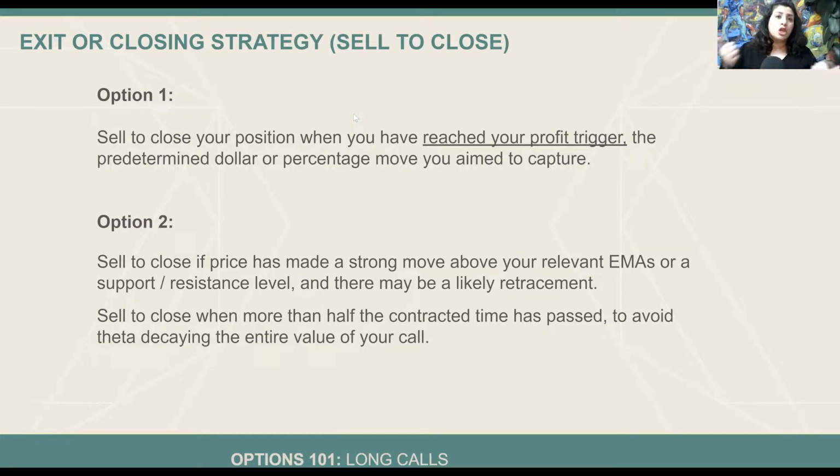So you should already have in your trade management plan what your profit trigger is. The profit trigger is basically either a dollar amount or a percentage of profit that you have attained, and then you buy to close your structure for that move.